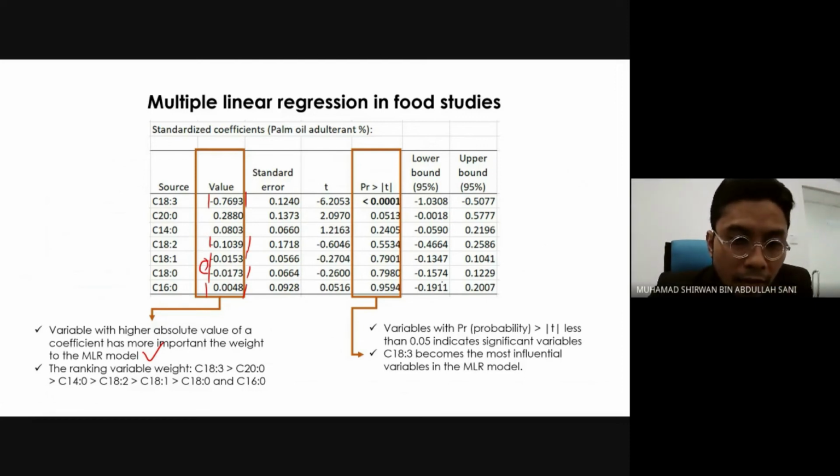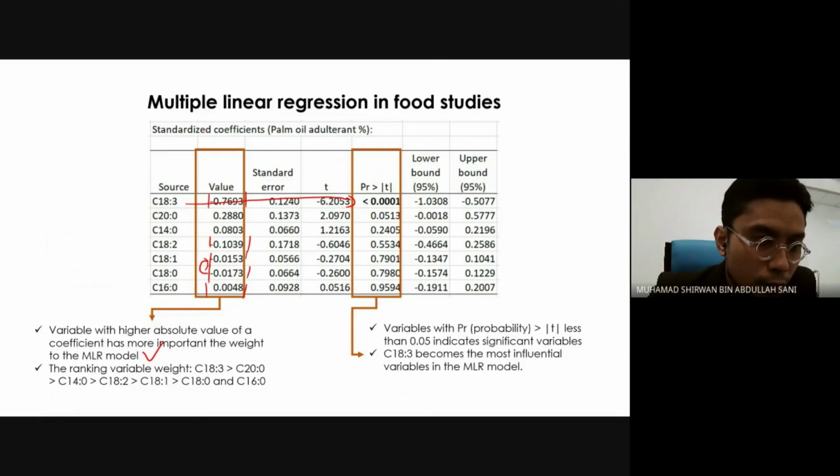And then a variable with probability Pr > |t|, which is less than 0.05, indicates a significant variable. We set 0.05, right? So if we get 0.01 here, that indicates C18:3 is the most significant, most influential one.